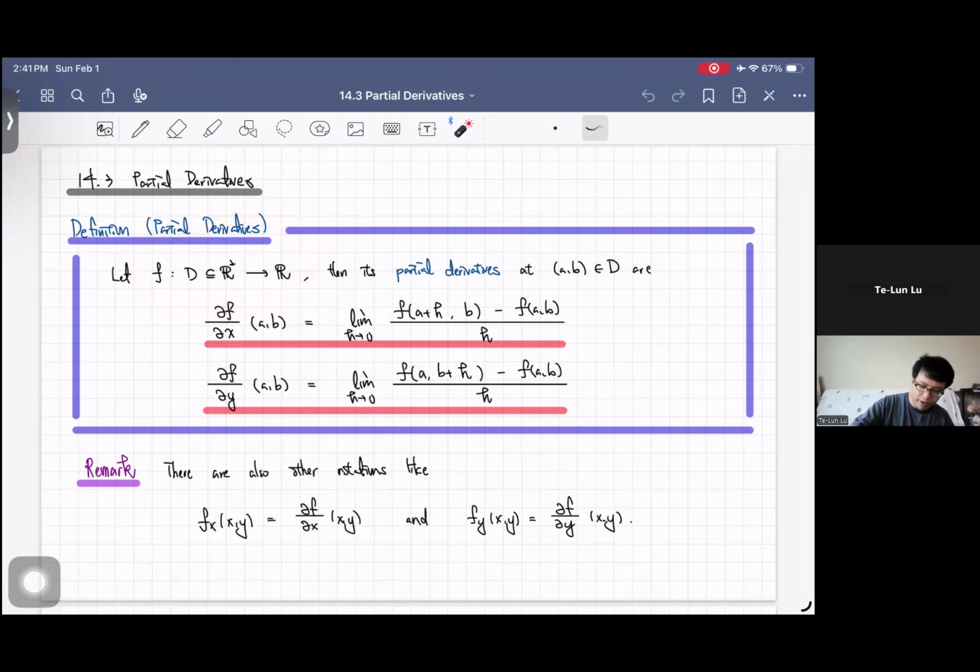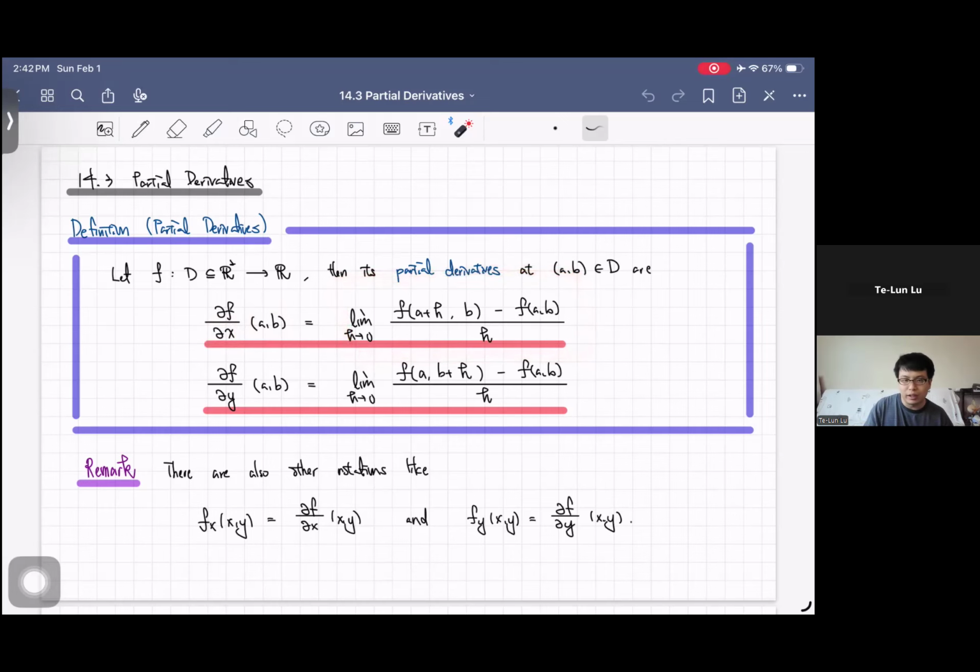So you have a variable within some domain D in an R2 setting, so x and y, say, per se, where it is a function, so the value lies within R. Then the two partial derivatives at the point (a, b), of course, belongs to the domain, are defined as follows. The partial differentiation of f with respect to x at the point (a, b) is defined to be this limit.